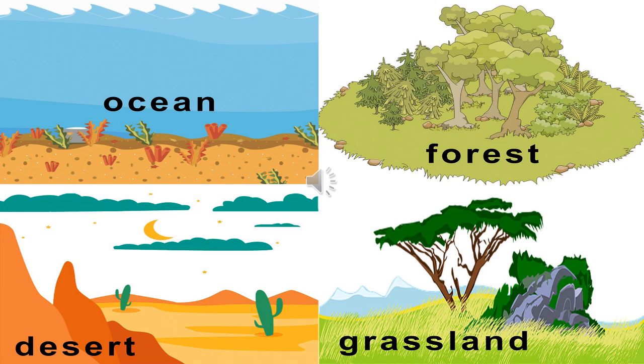For example, take a pond. A pond is a habitat. If you take a forest region, you can see ponds, trees, and some other natural sources also. So that is a biodiversity. That is habitat and this is biodiversity.